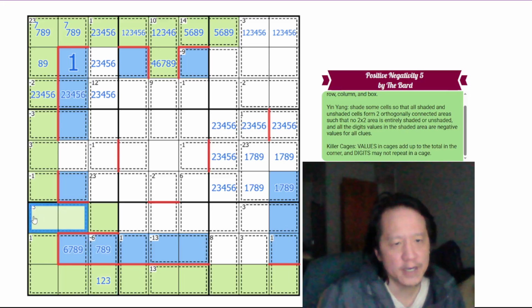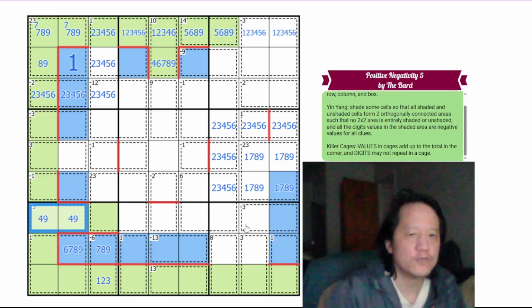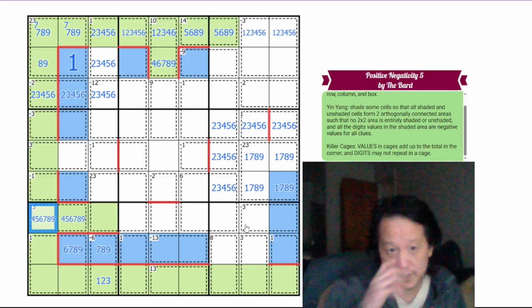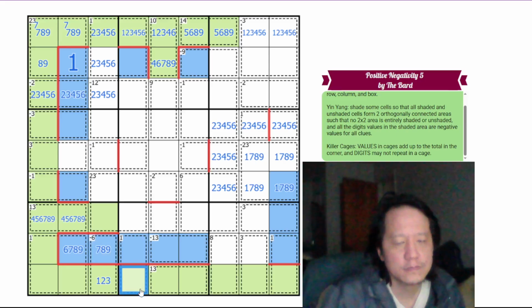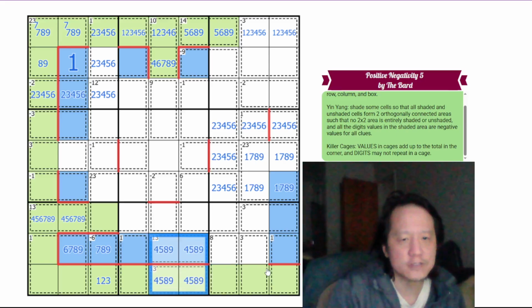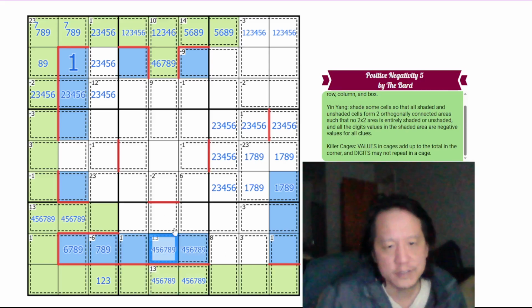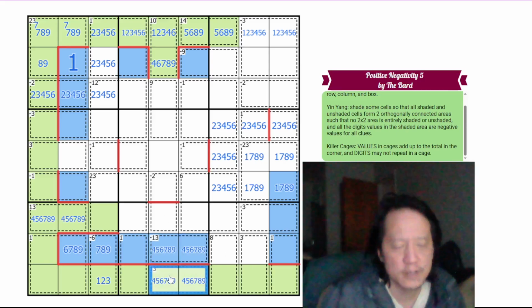These two digits add up to 13. Sorry, 4, 9, 5, 8, or 6, 7 are the possibilities there. To add up to 13, again, you have 4, 9, 5, 8, or 6, 7. And that's in the positive and the negative way.